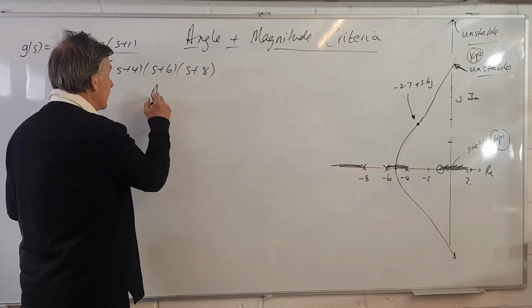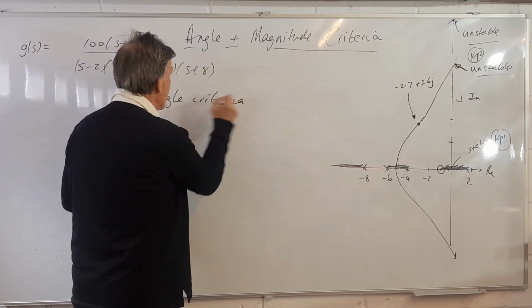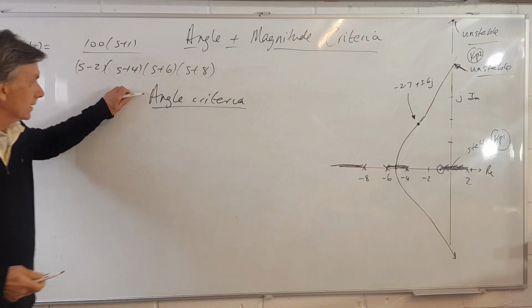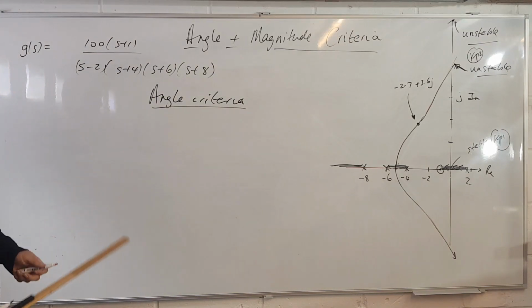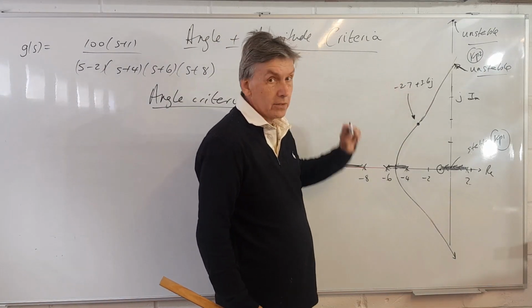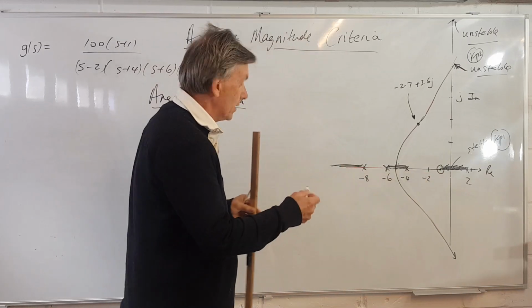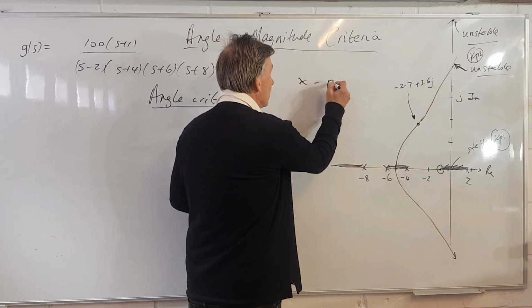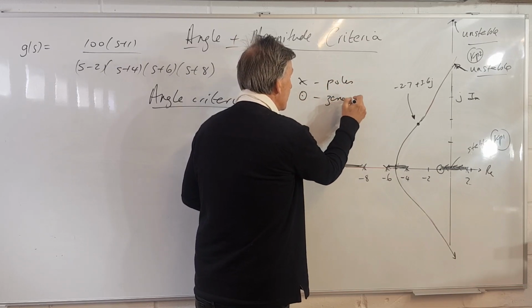So let's look at the angle criteria. As it implies, this is associated with angles. To apply it, we take a point on the root loci, assuming it's on the root loci for the moment, and we draw straight lines to all the poles and the zeros. Remember, the crosses are the poles, and the dots with a circle around are the zeros.